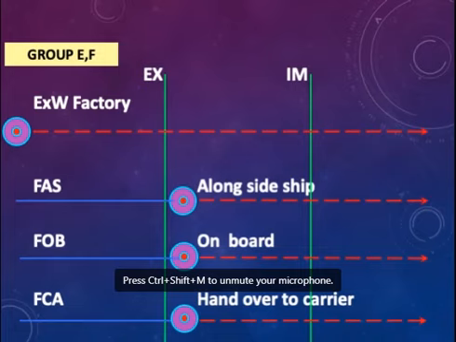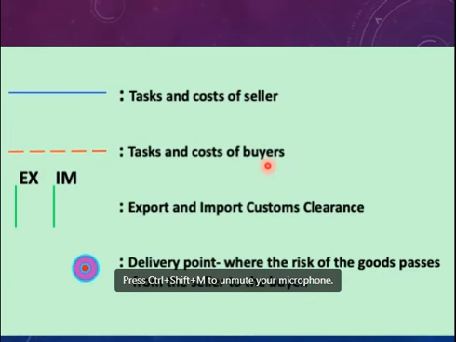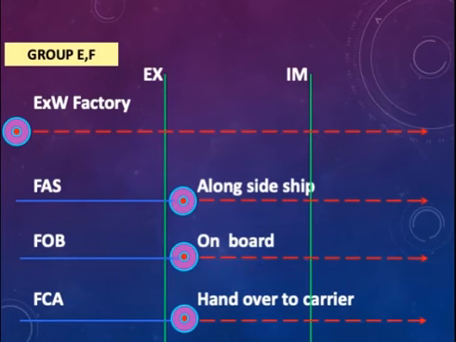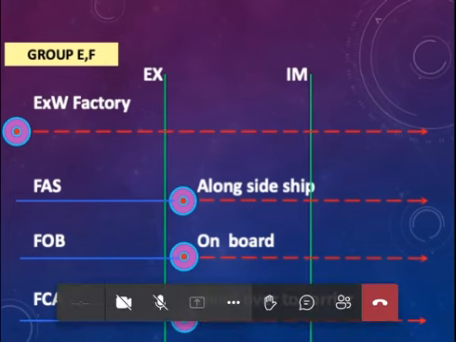Looking at this picture, right? This is the notes on the picture. The task and cost of the seller, the task and cost of the buyer, the export customs clearance, import customs clearance, and the delivery point, which is where the risk is transferred. So in this picture, can you tell me, for group E, who will cover the pre-carriage, main carriage, and on-carriage?